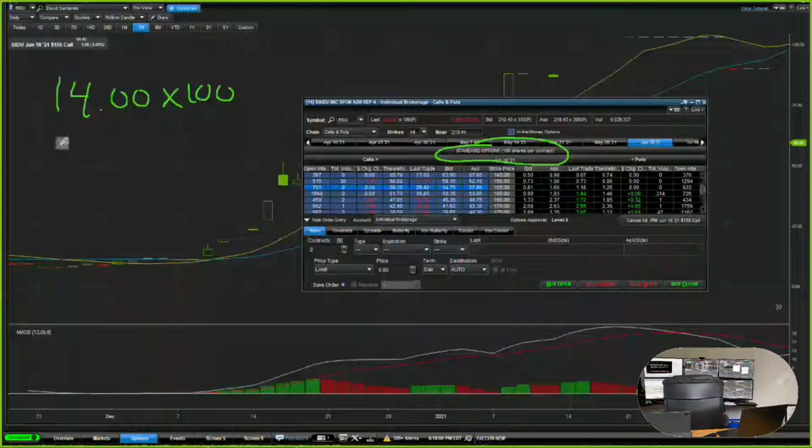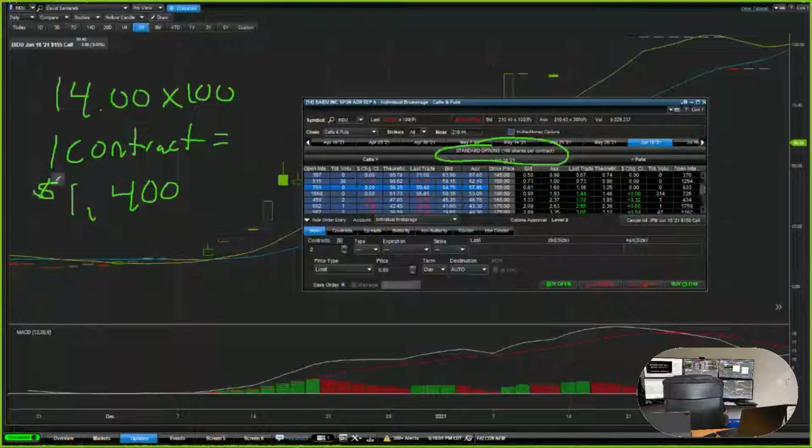So that means one contract will cost you $1,400.